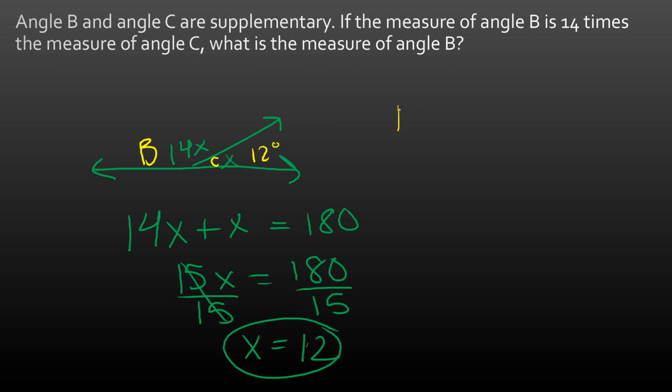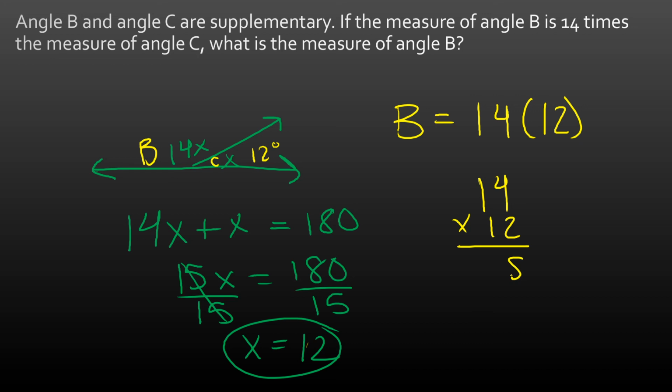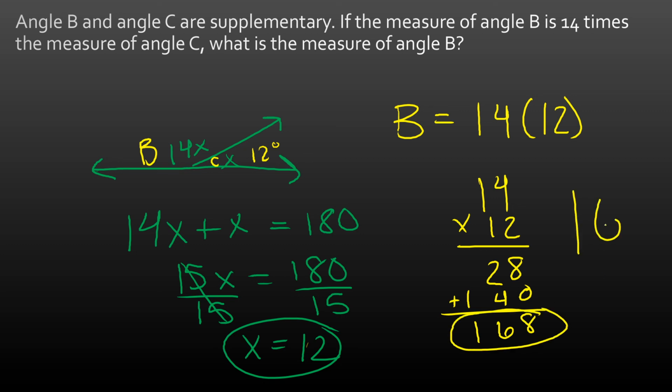So in order to figure out the measure for angle B, I need to take 14 and multiply it by 12. I should get 168. So my final answer here is going to be 168. So 168 degrees is the measure of angle B.